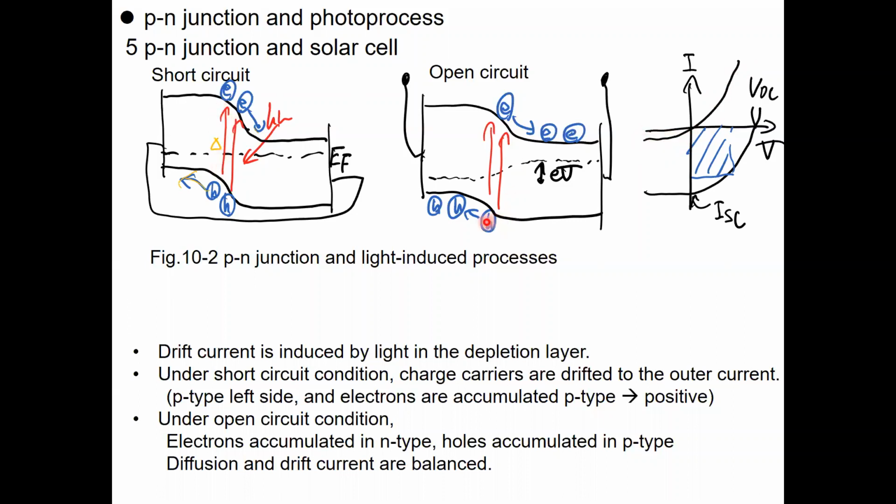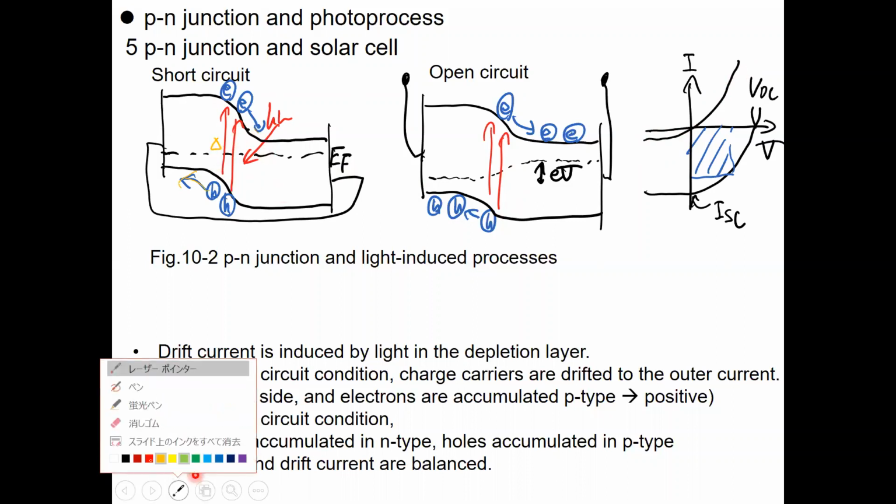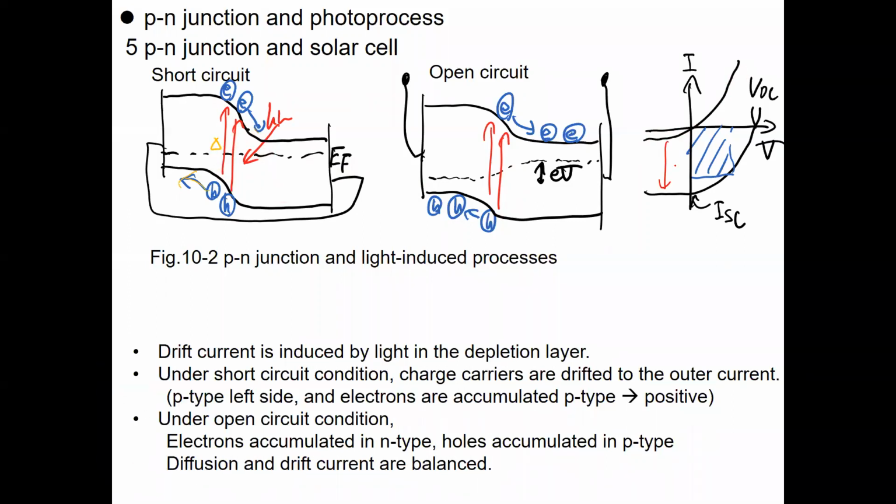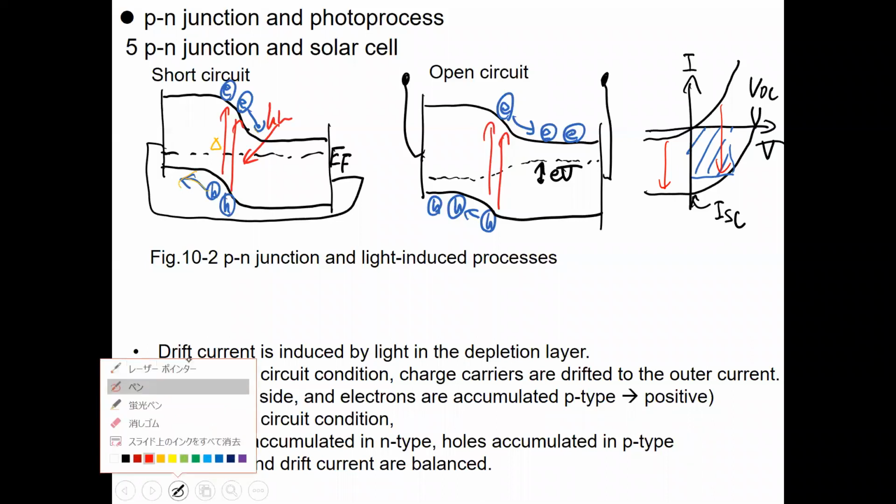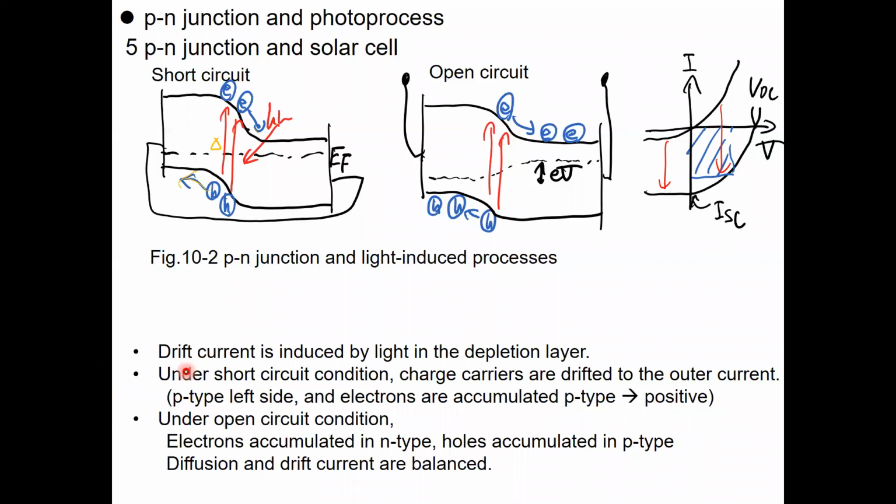When the light is illuminated, this curve actually shifts toward the downside, and even if you don't have any bias voltage, you could see some current, right? So this is the situation when these two are connected by wire.